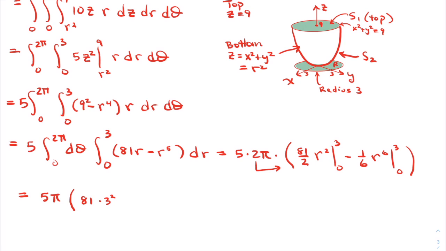I want to remind you 81 is 3 to the 4th. Okay. Now I've run the 2 in. So here I'm going to be subtracting 1/3. And then there will be a 3 to the 6th. Like that.